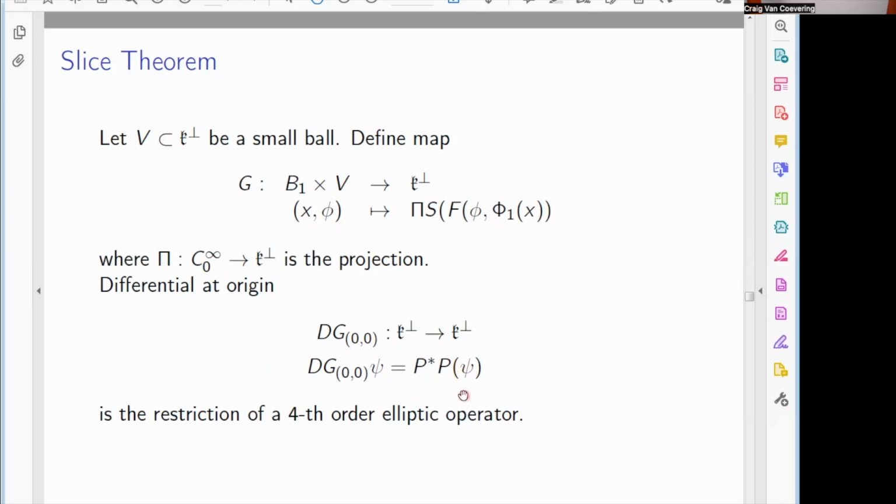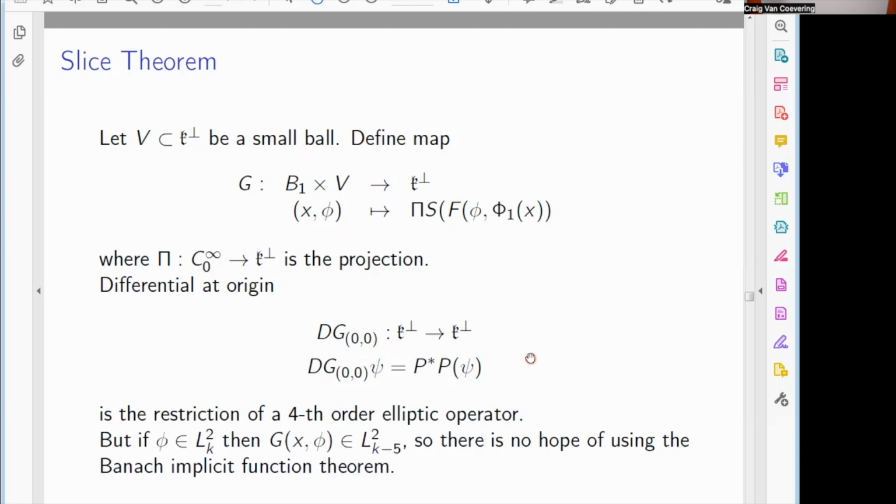But this is where the papers in the literature, at least all that I've found, have missed that the derivative is a fourth order elliptic operator, but this is a fifth order nonlinear map here. So the Banach implicit function theorem doesn't apply. But it's been known for a while that the Nash-Moser theorem can fix this.